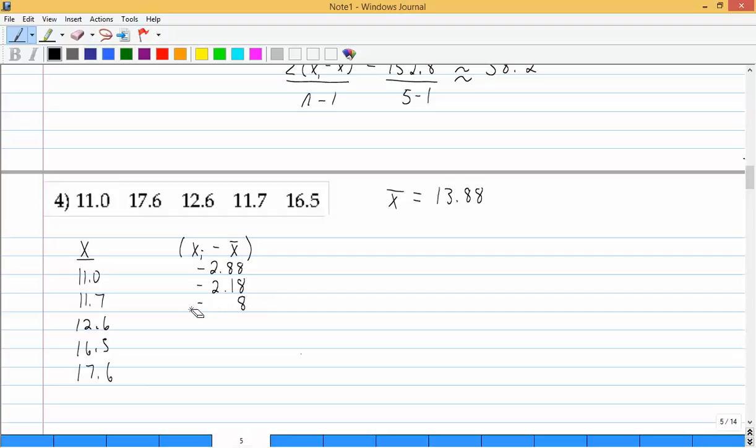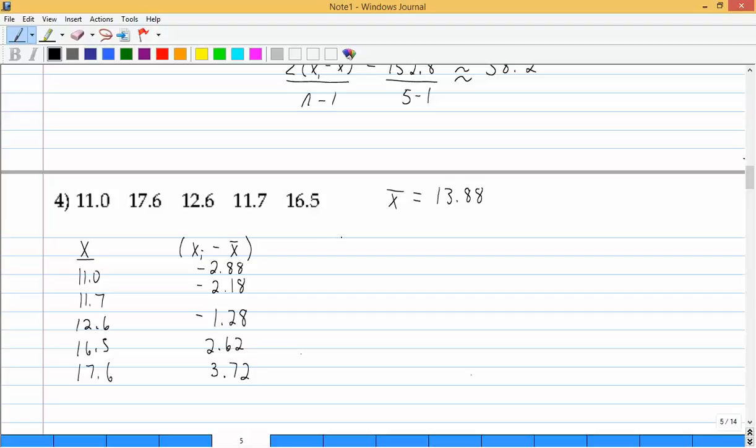Let me make sure that these line up here. Kind of got off track when I was writing this down. 16.5 minus 13.88, 2.62. 17.6 minus 13.88, 3.72.